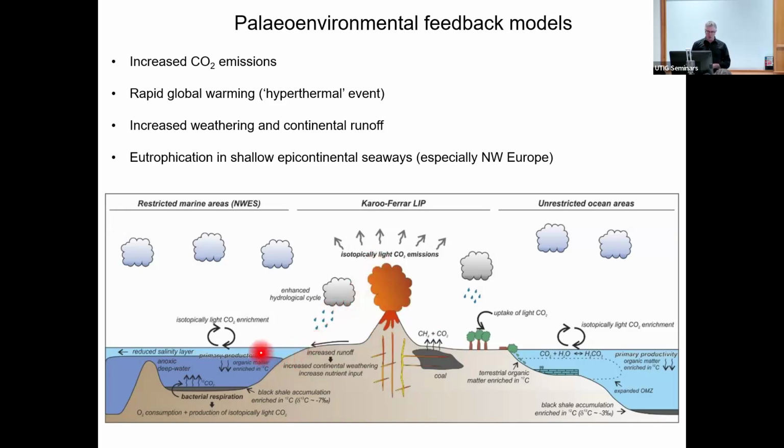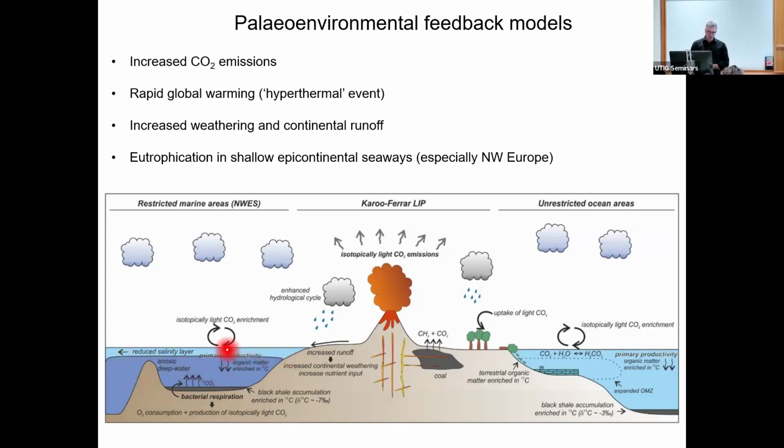So in shallow water areas, particularly in the epicontinental seaways, like in Northwest Europe, this would have caused increased precipitation, increased runoff into the basins, would have caused primary productivity to increase, and therefore the decay and oxidation of organic material would have caused some of these epicontinental seaways to lose oxygen.